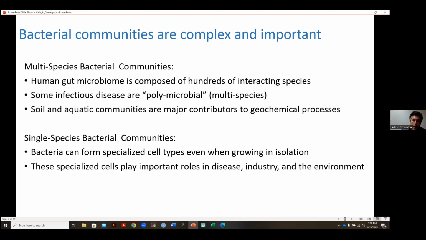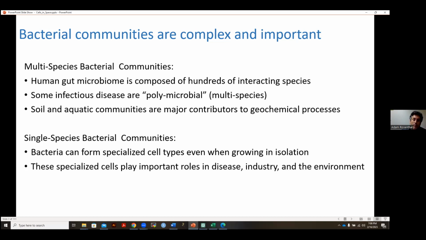Typically when we think about multi-species bacterial communities, we think about the human gut microbiome or some infectious diseases, which are polymicrobial, so multiple species work there. There are some foods in which you use multiple different types of bacteria that work together, and soil and aquatic communities. But I'm not going to talk about that today as much.